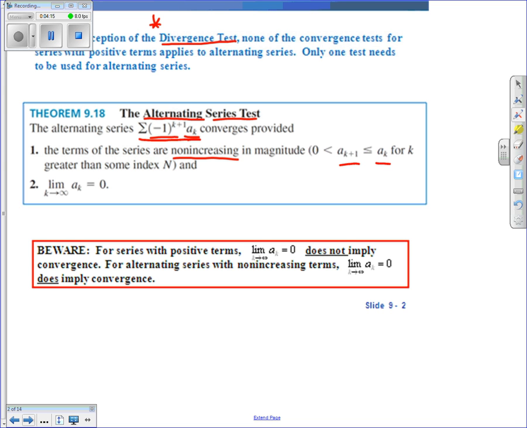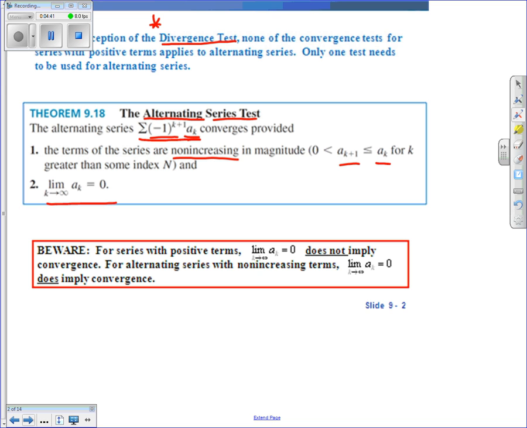So the next term is always getting smaller or staying the same. At least once you've passed a certain point. If the first couple of the terms don't have that non-increasing feature, that's fine. But as you get further down the series, it has to be non-increasing. And if it's non-increasing and the limit of the kth term is 0.